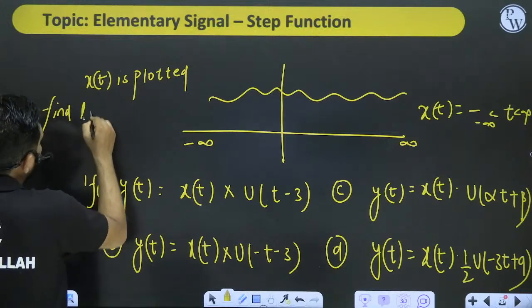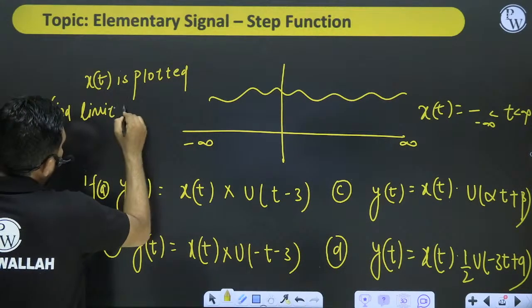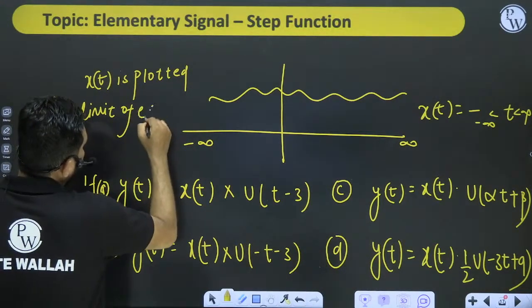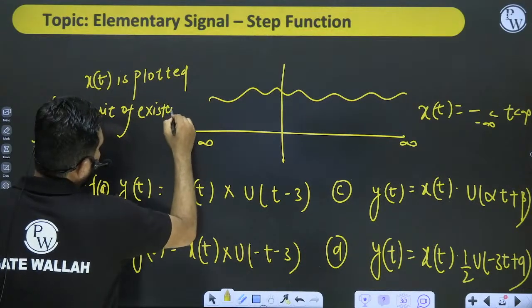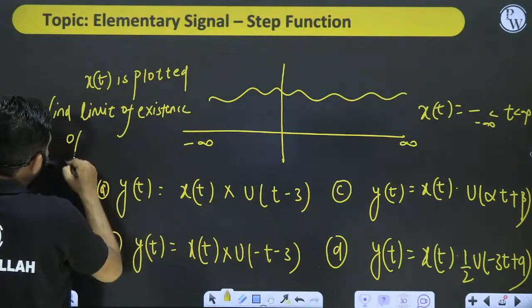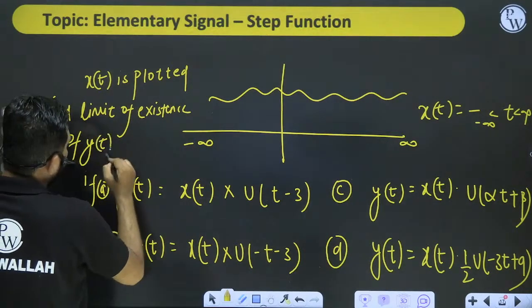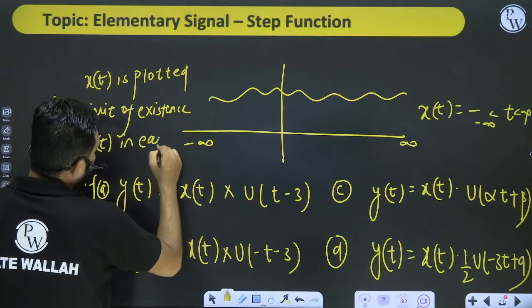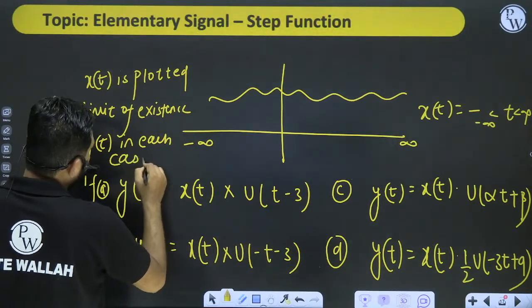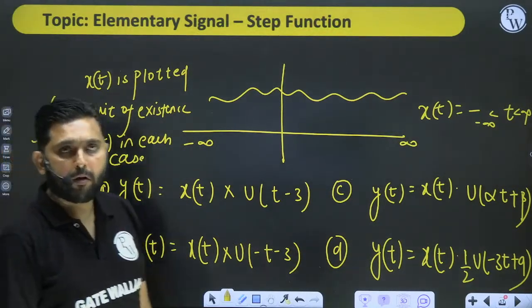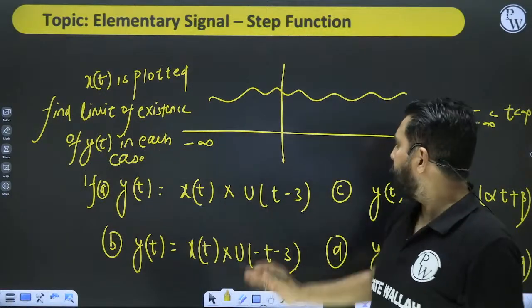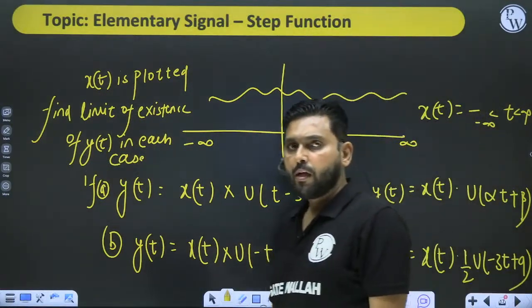Find the limit of existence of y(t) in each case. You understand my point or not? See here, x(t) is a random function given to you.